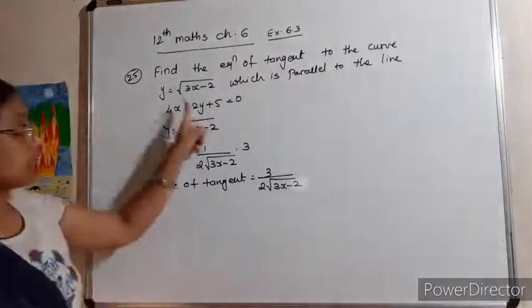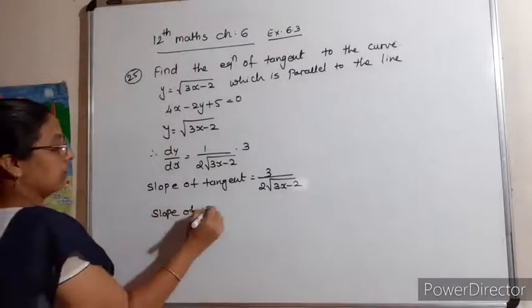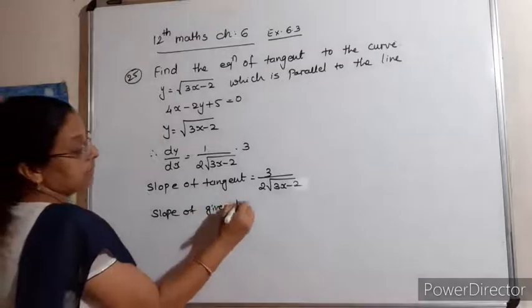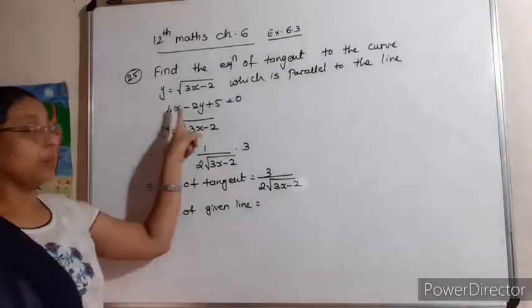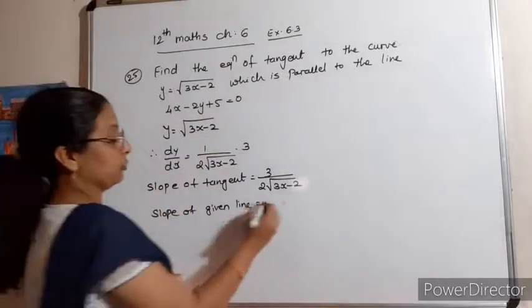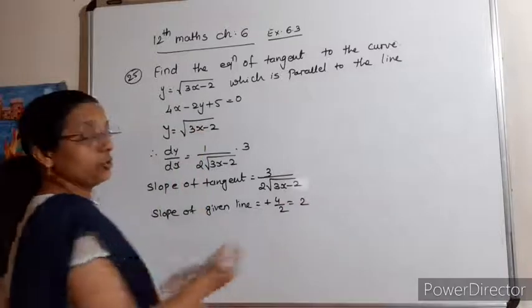While the slope of this given line is minus a upon b. So 4 by 2, plus 4 by 2, because minus minus plus, it is 2.